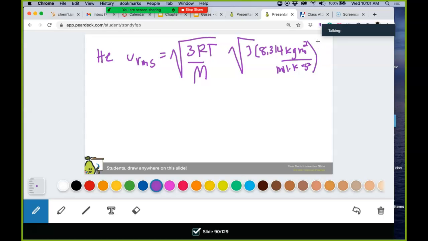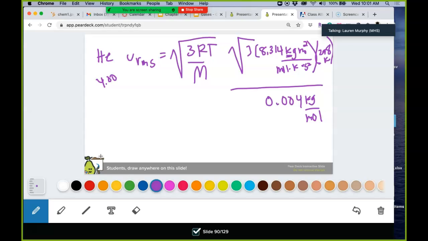So that's the R. And then T is temperature in Kelvin, so that's 298 Kelvin, all divided by molar mass. Now, helium is 4 grams per mole. So we have to do it in kilograms because this R constant has kilograms in it, 0.004 kilograms per mole.